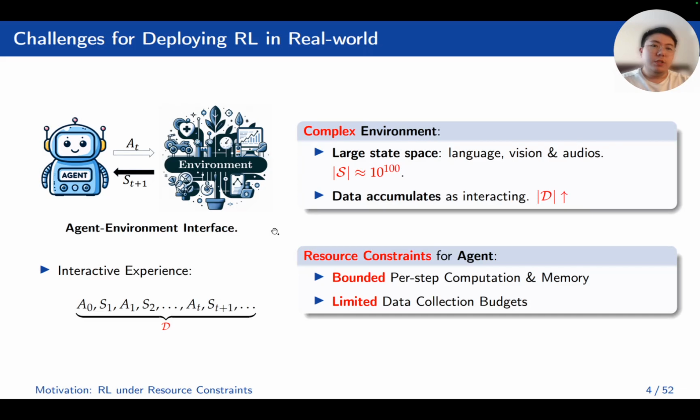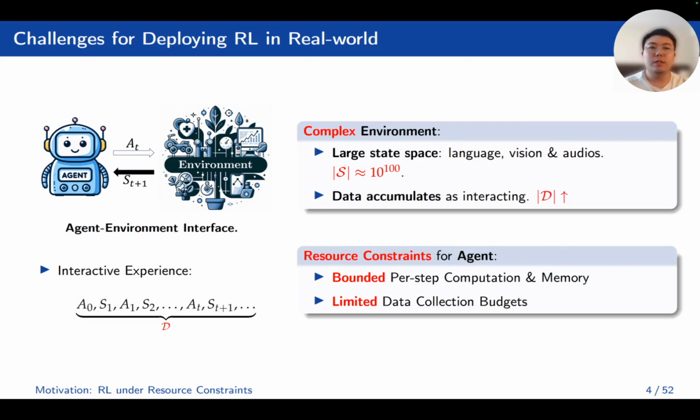The challenge in deploying reinforcement learning algorithms in real-world applications typically depends on the environment and also the agent side. For the environment, contemporary applications involve large state spaces because of unstructured inputs, for example, language, vision, or even audio.